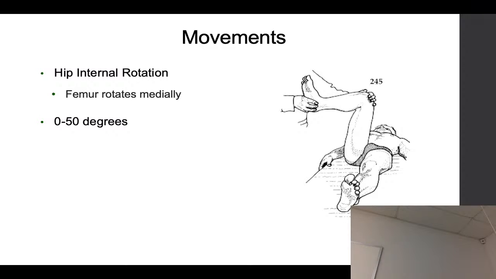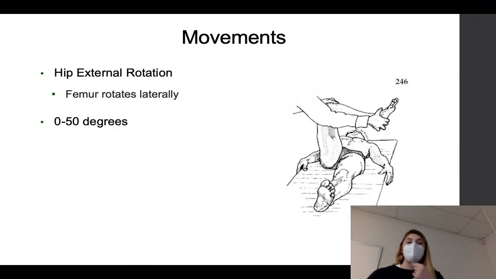If my knee is bent and I want to do hip internal rotation, my foot's going to go out, but my femur is still coming in internally, medially. So sometimes you can get confused if a picture of hip internal rotation is this way, but then you transfer it to having a knee bent and it kind of goes the opposite. So you need to look at what the femur is doing, not so much what the foot is doing.